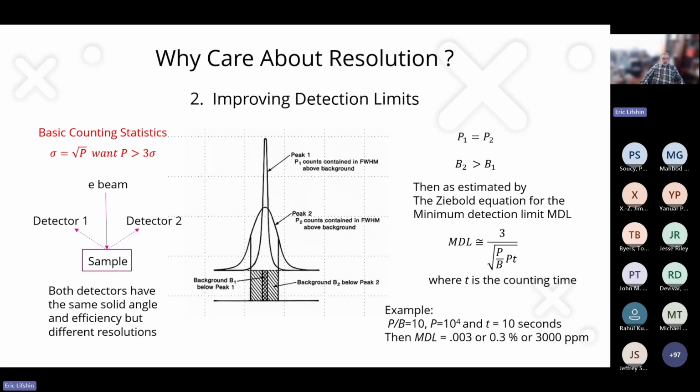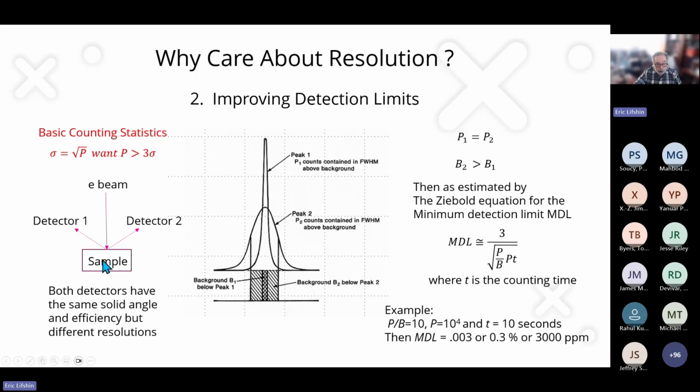I want a signal that I measure to be 2 or 3 times greater than that to know it's real. Otherwise, if I keep on repeating the measurements, comparing a peak to its adjacent background, I might be very disappointed and see that, oh, I saw something there now, but next time I don't see it, it's not there.